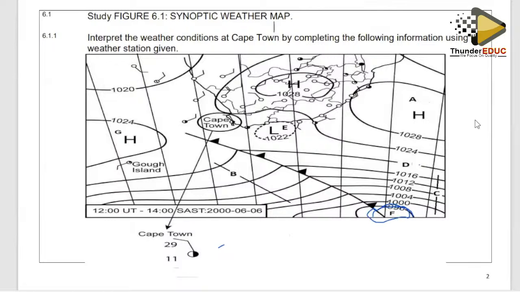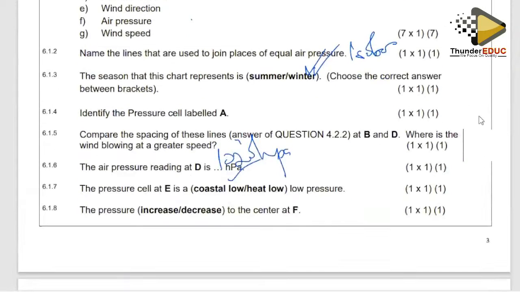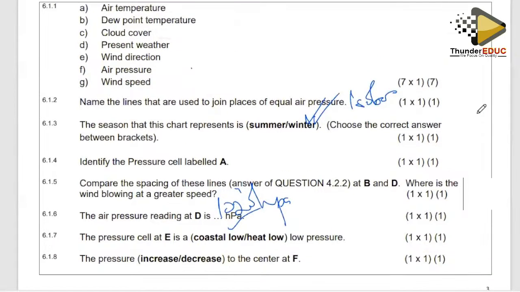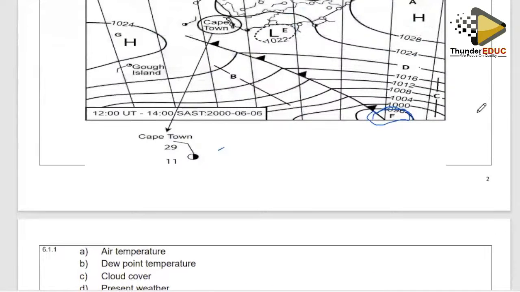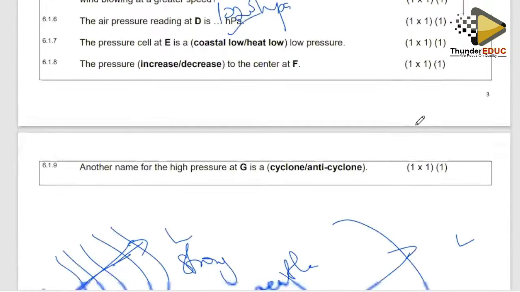And the question is saying the pressure increases or decreases to the center at F. Let's look at the sequence here. Is F a high or a low pressure cell? It is 1016, 1012, 1008, 1004, 996. Our pressure is decreasing towards the center, which means that it is a low pressure cell. So it's a decrease.